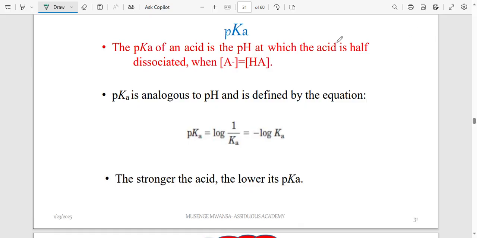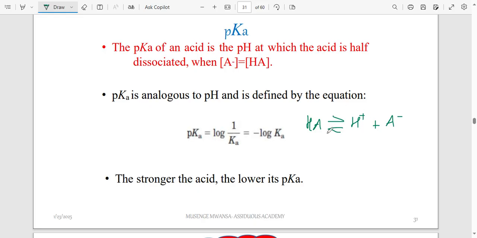So when you're talking about the strength of an acid, you can use what we call the pKa. The pKa of an acid is the pH at which the acid is half dissociated. So you know an acid is in the form HA, and then it will be converted into hydrogen ion and A minus.